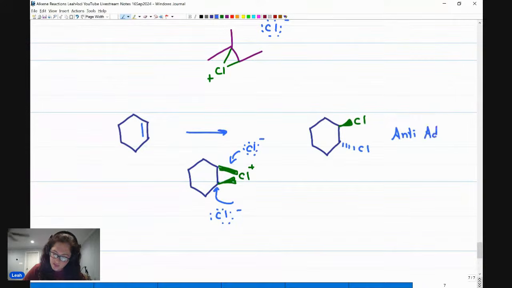This is our first anti-addition. Not because you're memorizing it, but because I want you to recognize that when they add from opposite sides, that is the definition of anti, adding from the opposite direction. Let me know if that makes sense. Let me know if you feel comfortable with the concept of why it's anti rather than just a memorization.